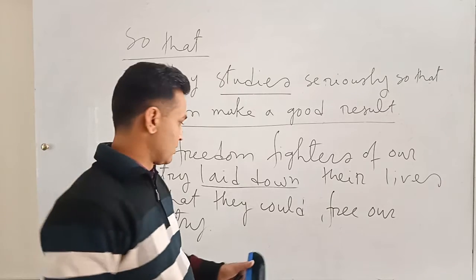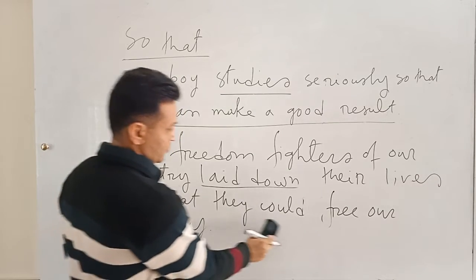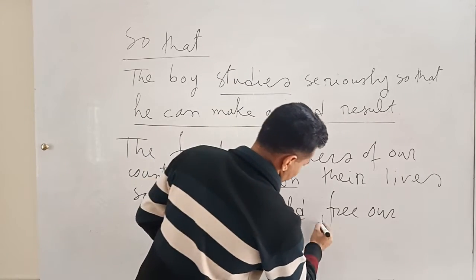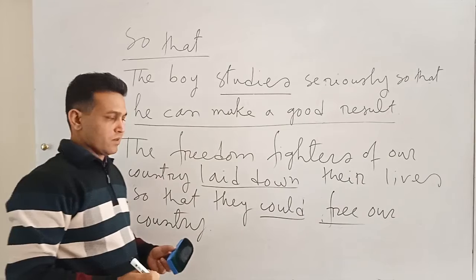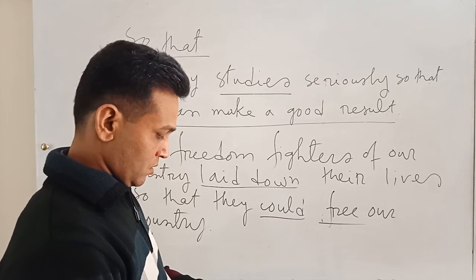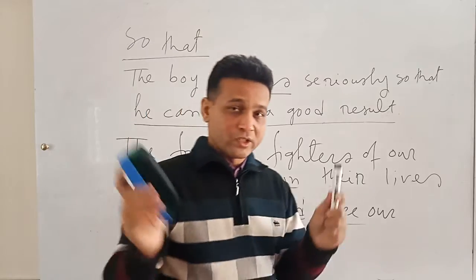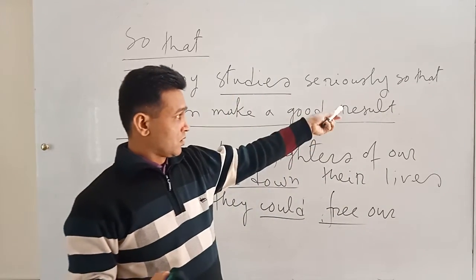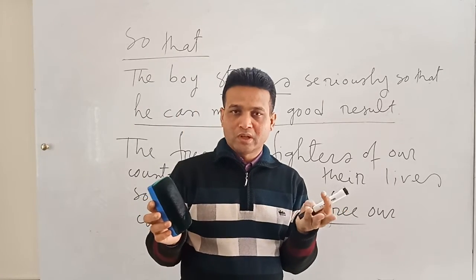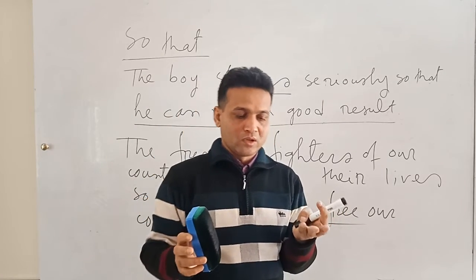So here the subordinate clause, of course, even in past indefinite tense, is in subject plus could plus base form of the main verb. Okay, so that. So dear students, in case of completing a sentence containing so that, you have to use subject plus can or could according to tense of the given clause.